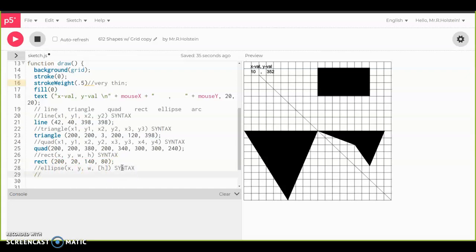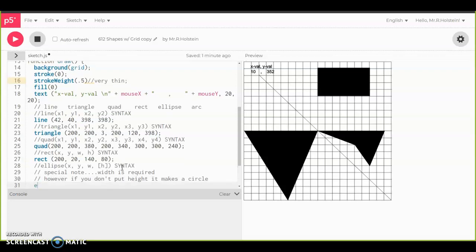I'm going to put another comment below. Special note: width is required. However, if you don't put height, it makes a circle. How cool is that?